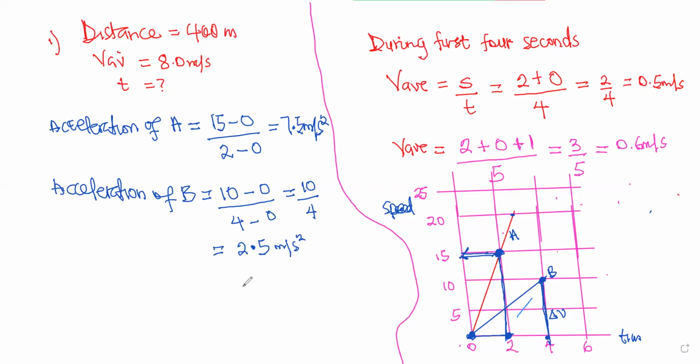Now, if you divide the acceleration of A by that of B, this will give you 3. 7.5 divided by 2.5 is equal to 3. Ima?